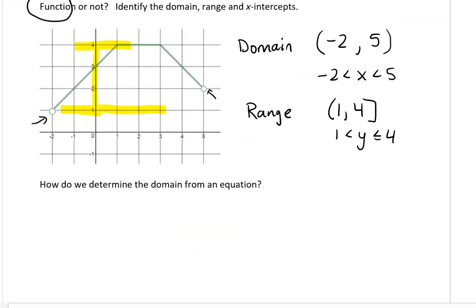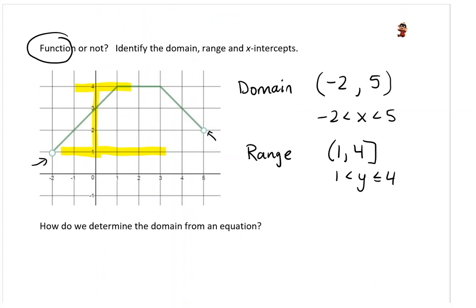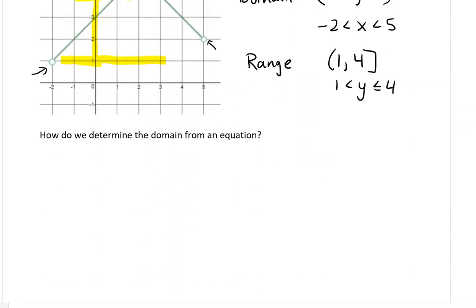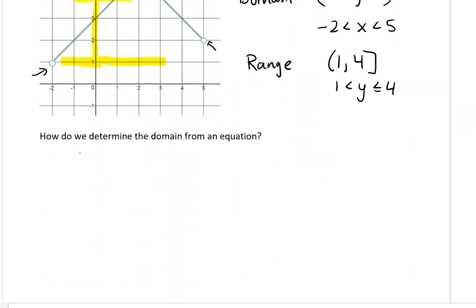Okay. So how do we determine the domain from an equation? This is a really good question. Okay. So, and I've got a bunch of examples down. So when we're talking about domain, so domain is a really tricky thing.